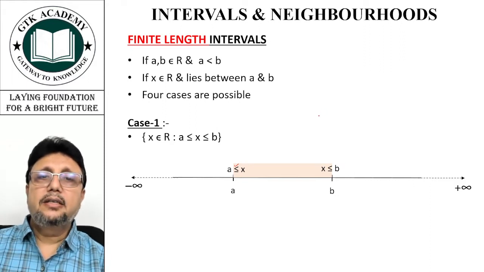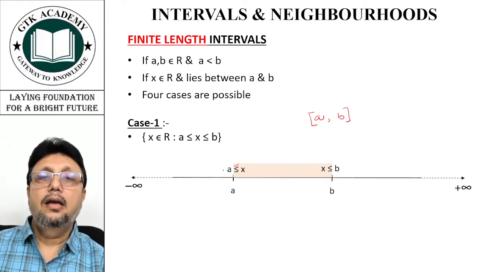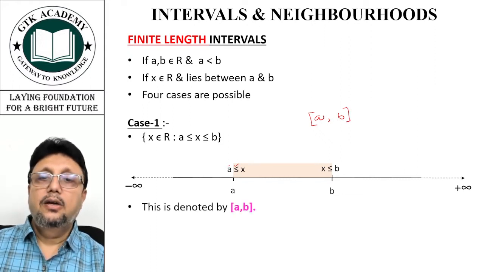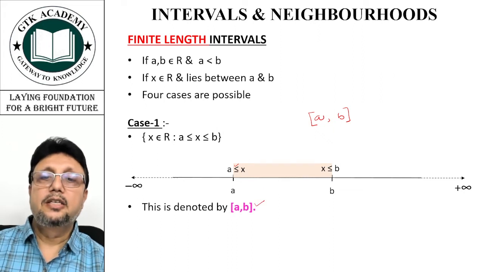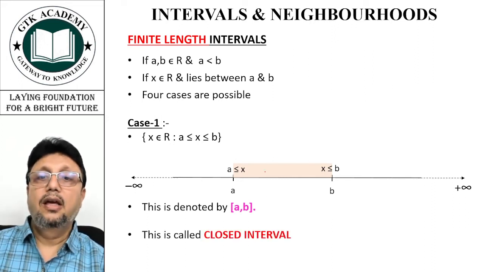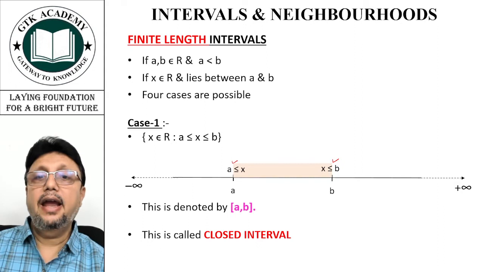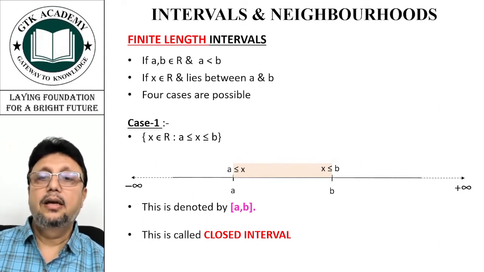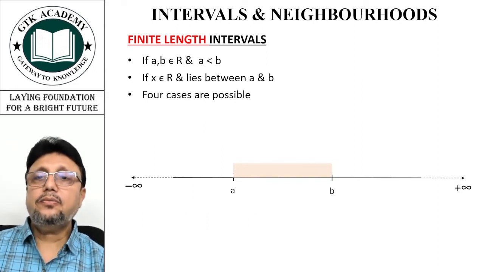So we write it like this: [a, b]. Since a is included, we put this kind of bracket. This type of interval is called a closed interval because both the end values are included. a and b are included. So this is one case.